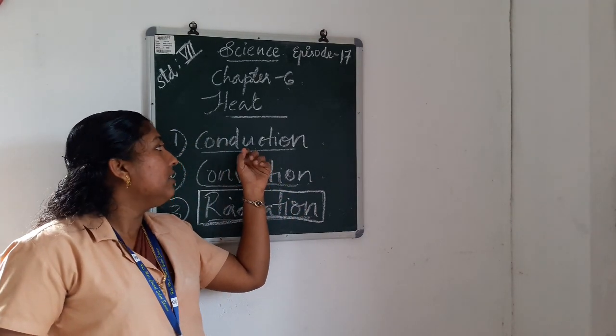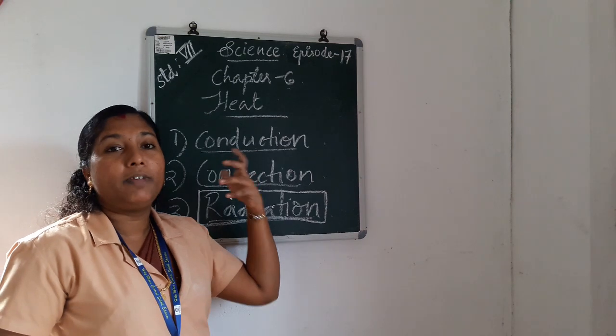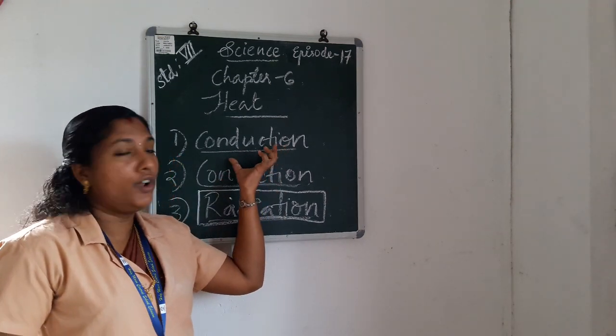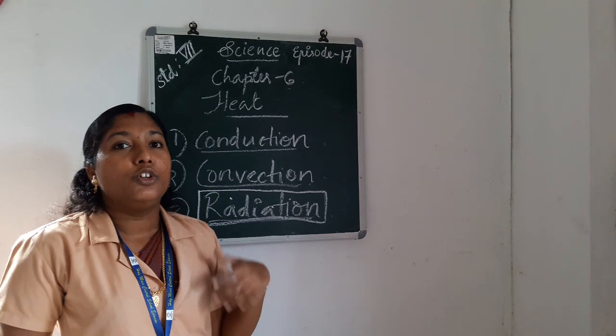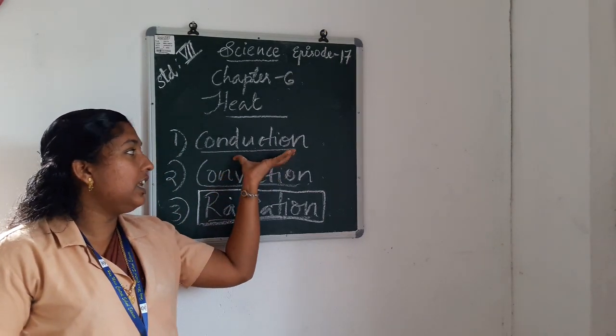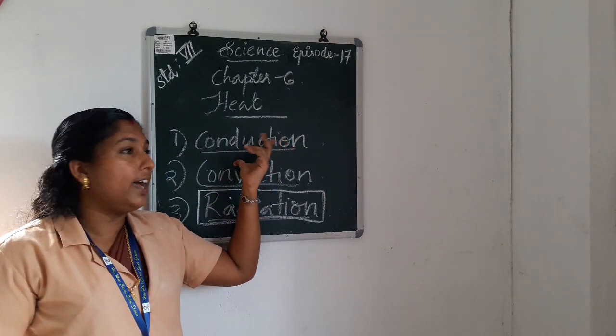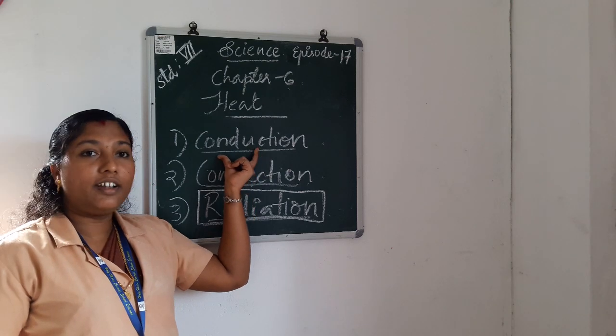In this activity, conduction takes place. Conduction is a mode of heat transfer from a hot part of a material to a colder part of a material without any movement of that material.